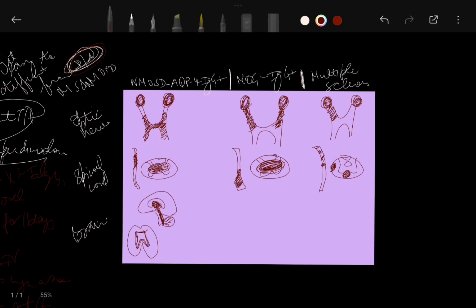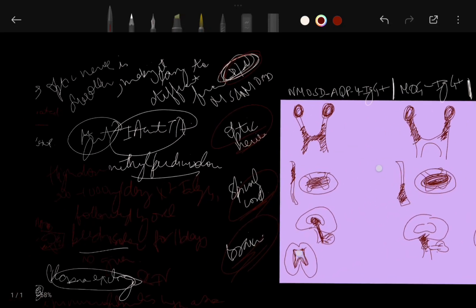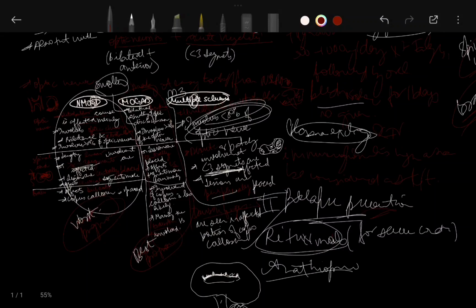In MOGD, mainly the brainstem is involved, over here like this. And in case of multiple sclerosis, Dawson's fingers, finger-like projections, are there. This is the brain, and over here in the corpus callosum part, Dawson's fingers are there. So that was the overview. This was the whole topic of demyelinating disorders of CNS.